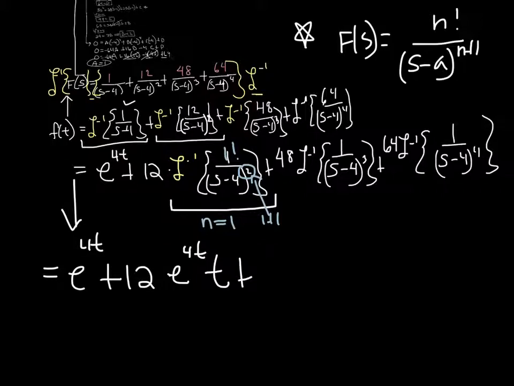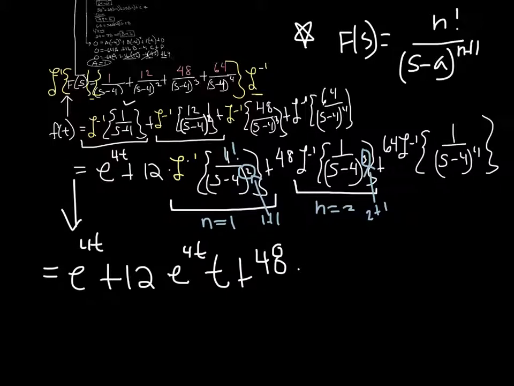So what about this guy? So plus 48 times, same thing. Here, a is 4, and my n is 2, because this is really 2 plus 1, which I get 3.